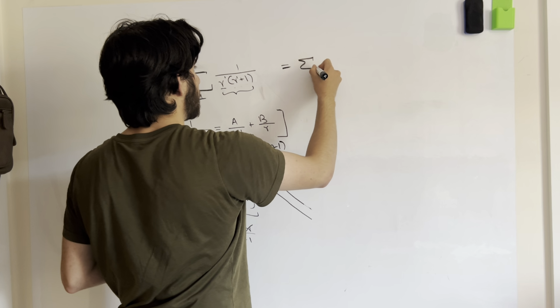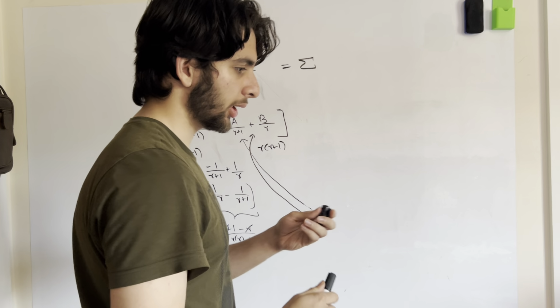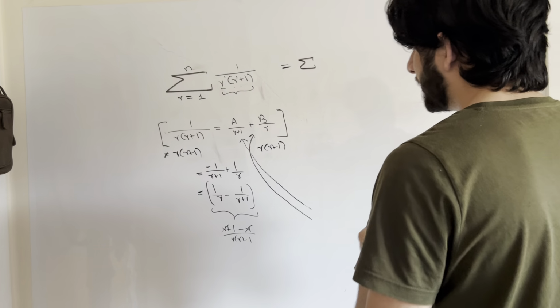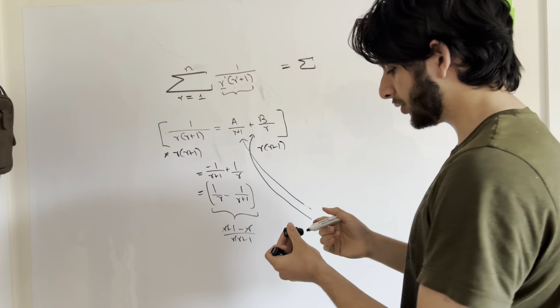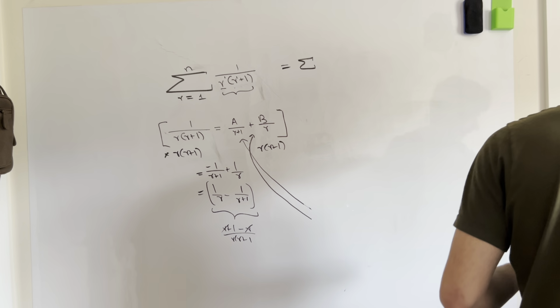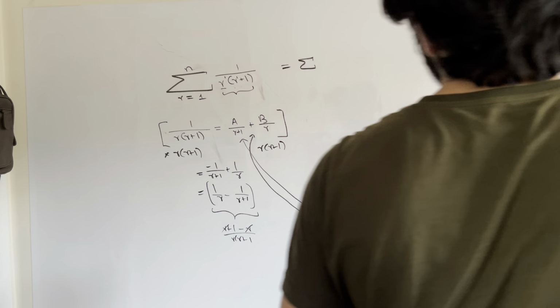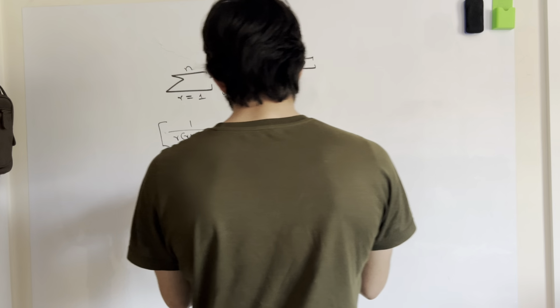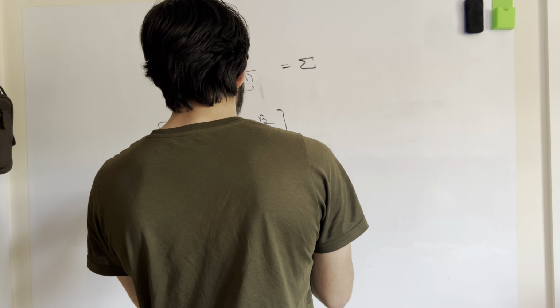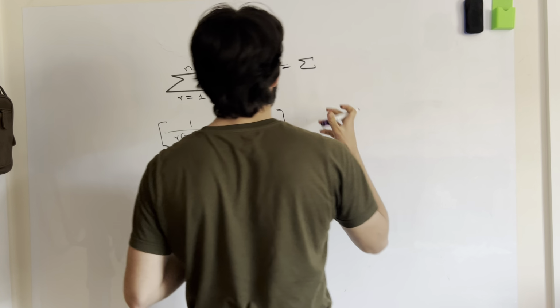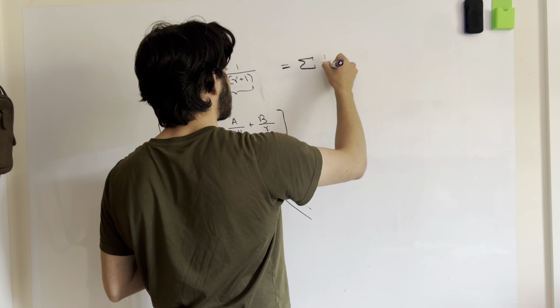What I'm trying to get at is that you can write this sum as this expression right here. So you can just substitute in the sum of fractions that we just calculated. Therefore, your sum starts to look more like this.